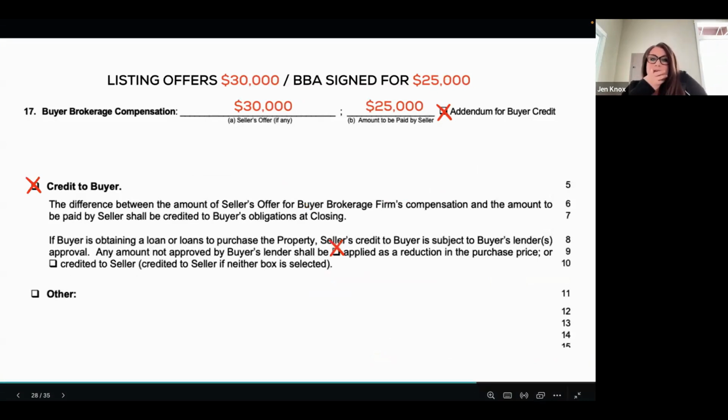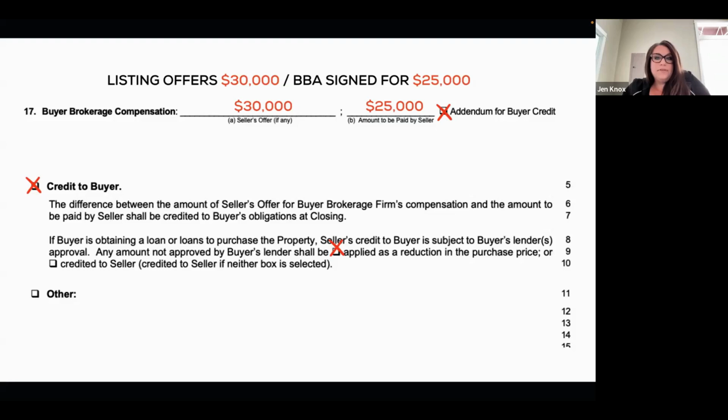When we have a buyer agreement, I just wanted to pull up what that looks like, because the listing offers 30 and the buyer agreement is signed for 25. You're going to have 17A at 30, 17B at 25. And because there's a difference between the two of those, like my fun little algebraic equation, 17A minus 17B equals the need for 41C.